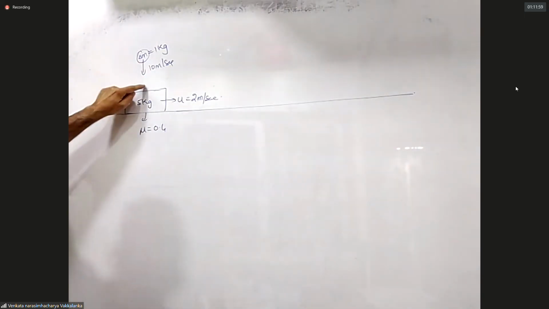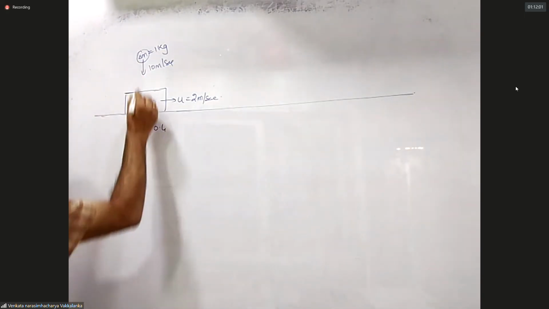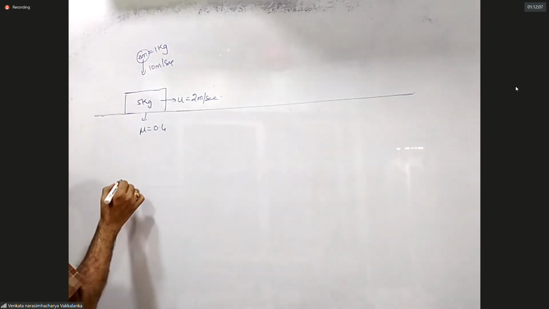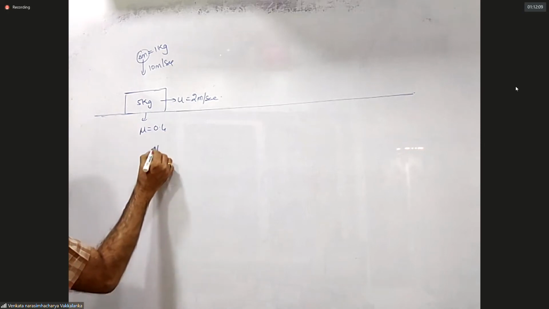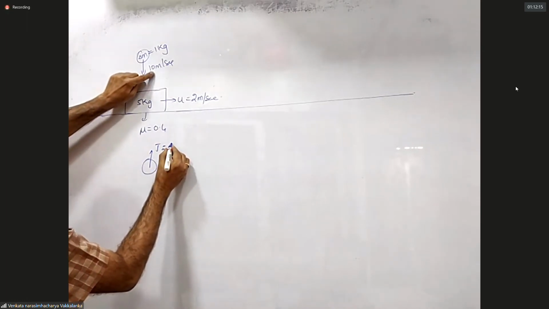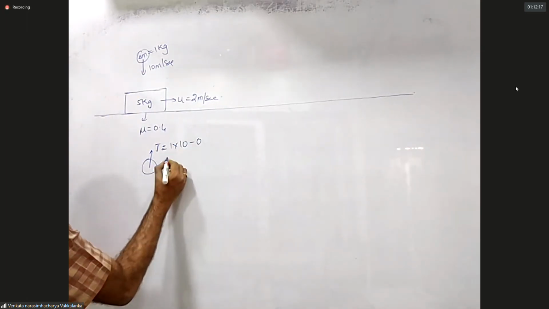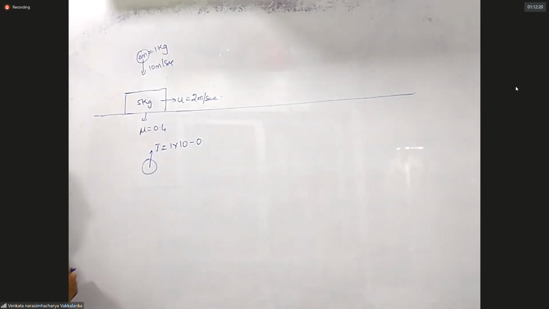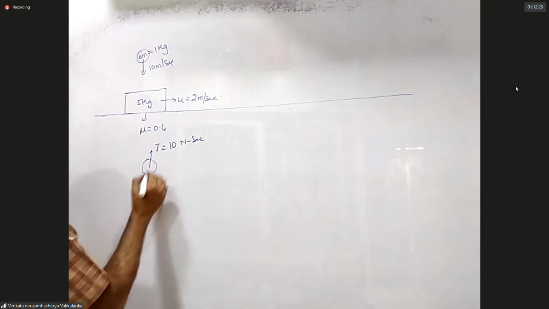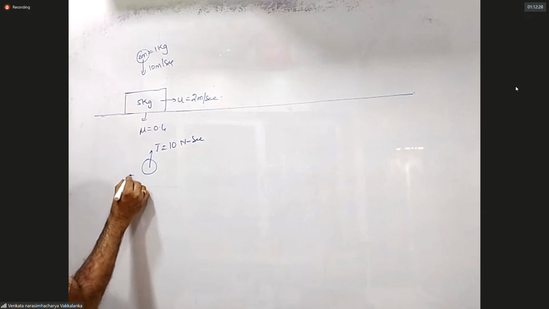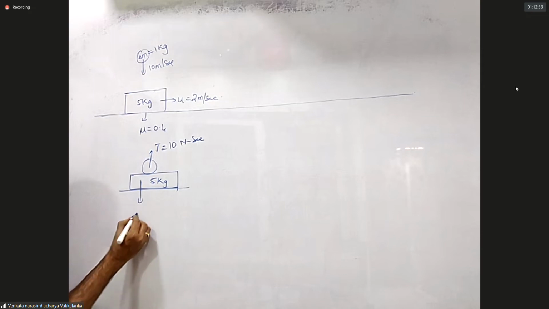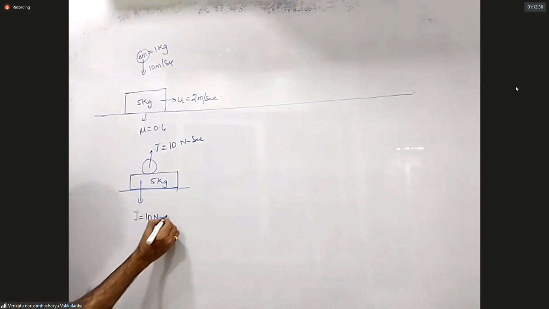Something is falling from a height and sticking to it. So what happens here is, when it falls and comes to rest, there is an impulse on delta m. Impulse J is in the upward direction. How much is that? 1 into 10 minus 0. So J is 10 Newton second on delta m. On the 5 kg mass, there will be an equal J of 10 Newton second.